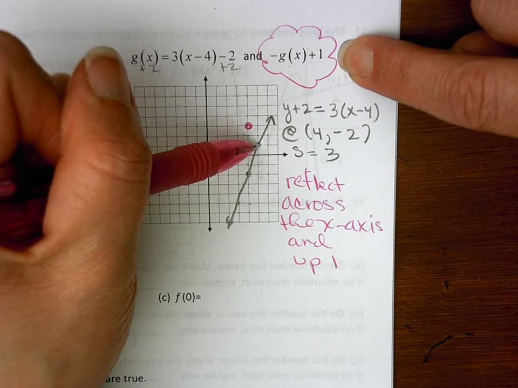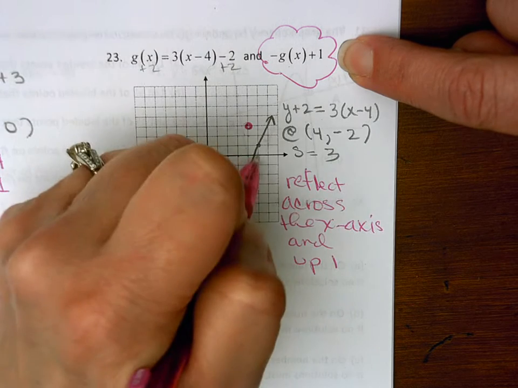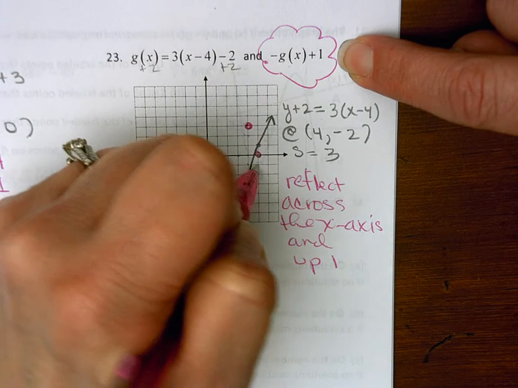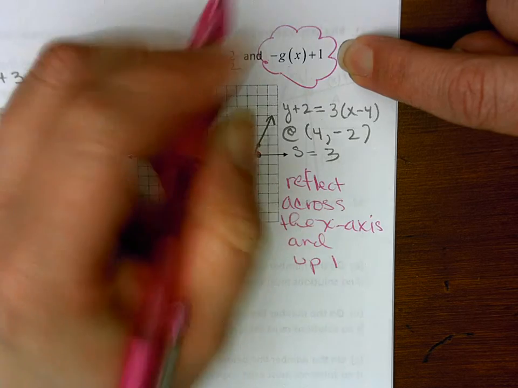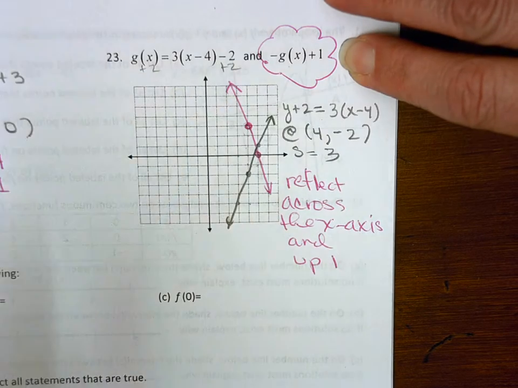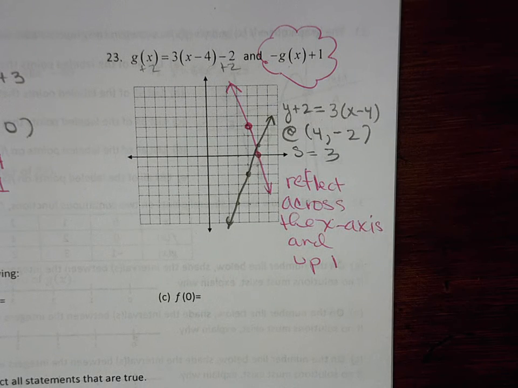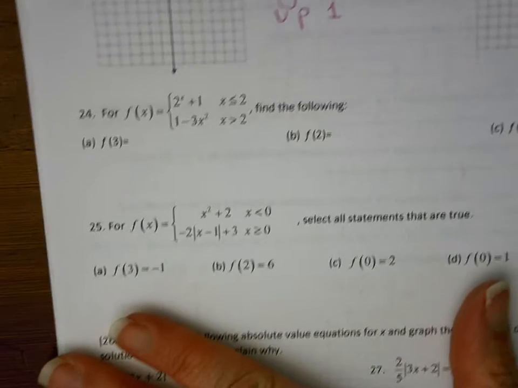Okay, and then this dot, I'm going to reflect, so down here, and then up 1. Right, so it jumps to negative 1, and then up 1. And then there's my reflection. Okay. Right, and then let's take a look at 24.